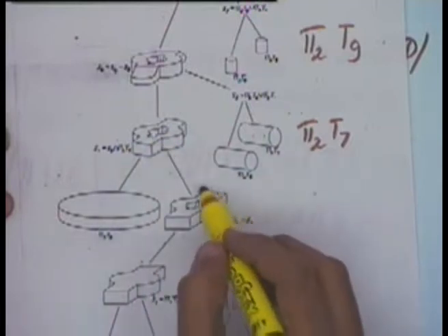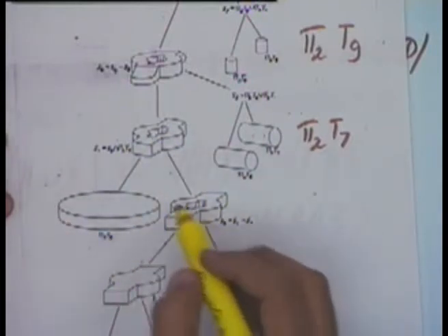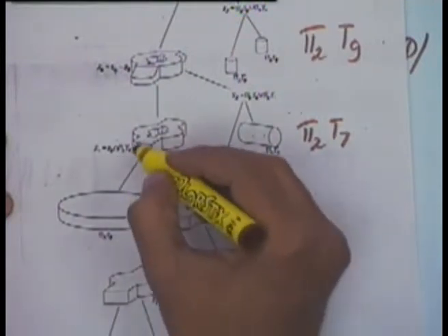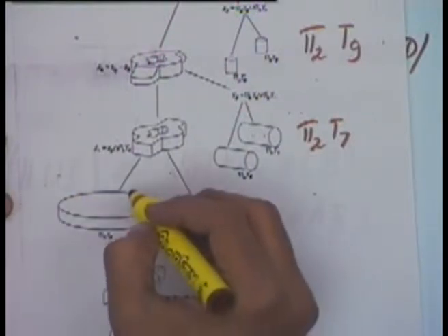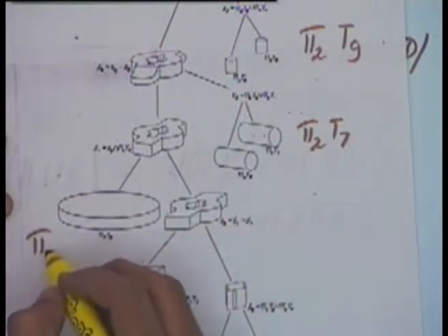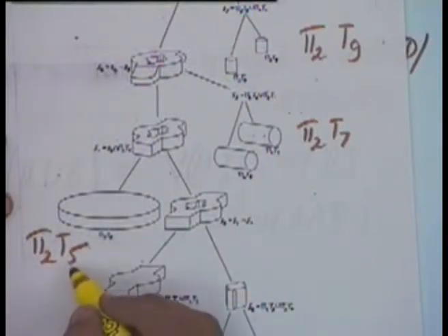This object is obtained by taking this object and this disk and carrying out their intersection, so as to get a curve over here. And this disk is again pi 2 T5, same primitive with a different transformation.